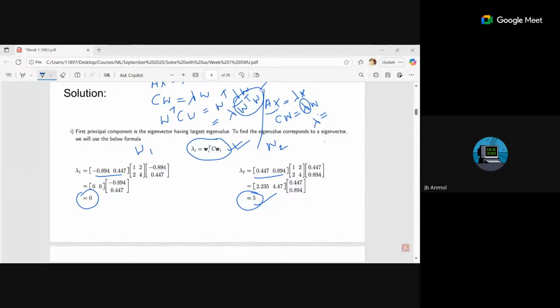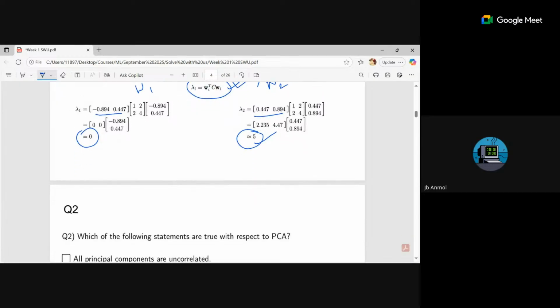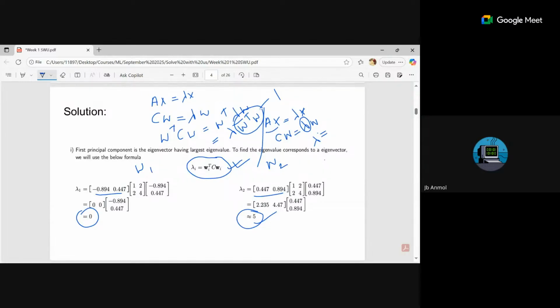Yes, ma'am, that I understand, but I am unable to understand the unit of variance, why 5 is the variance. I understood that the largest eigenvalue shows the variance along the first principal component. Yes.